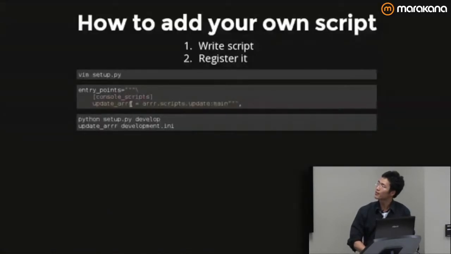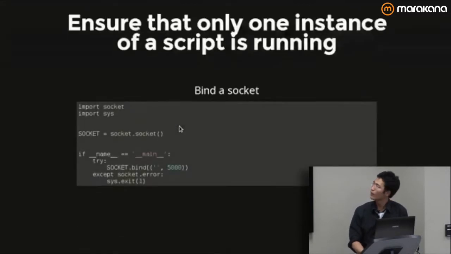You add your script as another line there, and then once you've done that, you can run your script on the application configuration file, and it should be able to pick it up. One tip: many times you don't want multiple copies of a certain script running at the same time. So you can bind a socket to make sure, because that will fail.